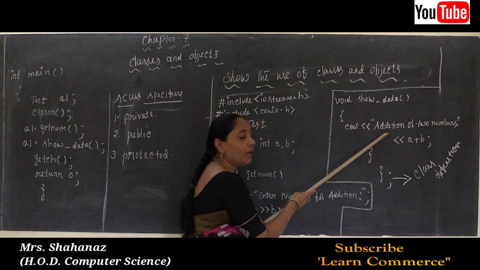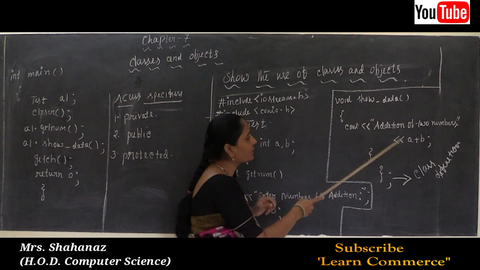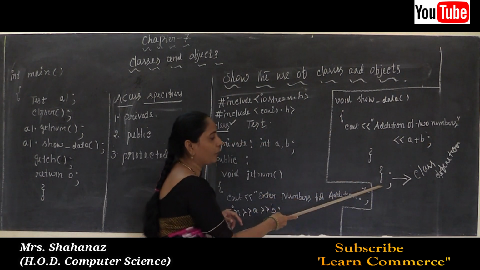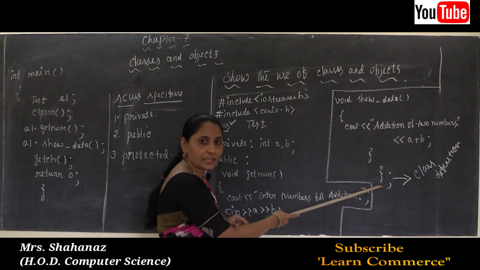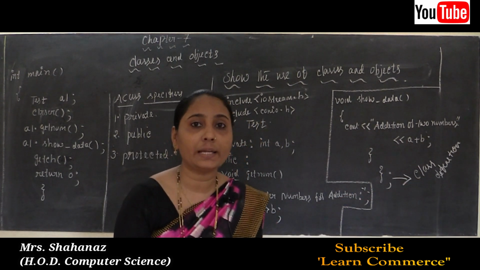It is going to just add the numbers and display the sum of two numbers A plus B, and then closing the flower bracket, and one more flower bracket with a semicolon. Still here it is called the end of class definition.